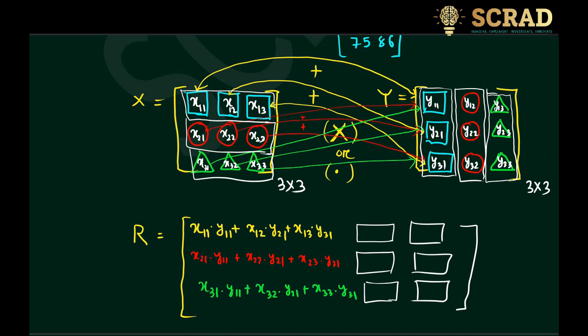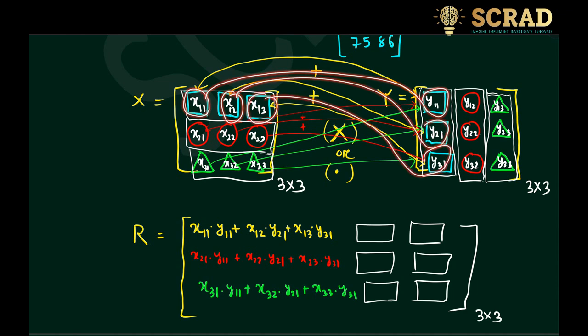Why 9 elements, or why is its dimension 3 cross 3? Because if you observe what we are trying to do, we are multiplying this element with this one, this one with this one, and so on.